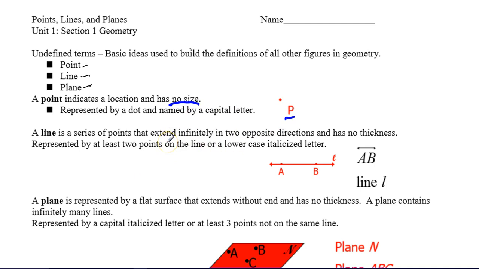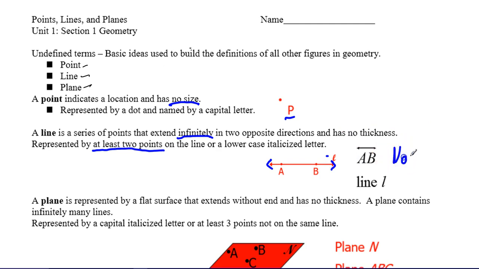Now, a line is a series of points that extends infinitely in two opposite directions. It has no thickness. So in order to have a line, we have to have at least 2 points. That will be a key on the line, so we can use that when we're naming. I want you to notice here that we have arrows on both sides of this line. Arrow here, arrow here. And here are the two different notations.